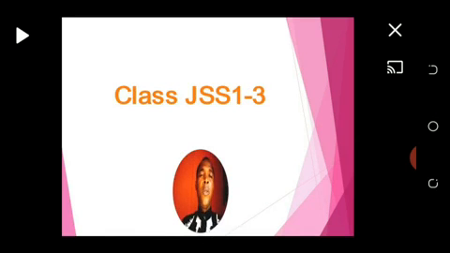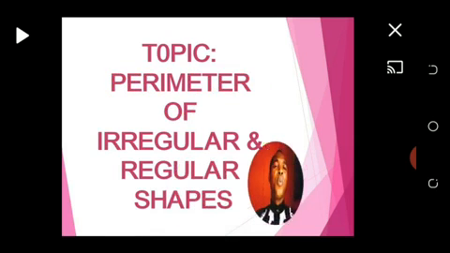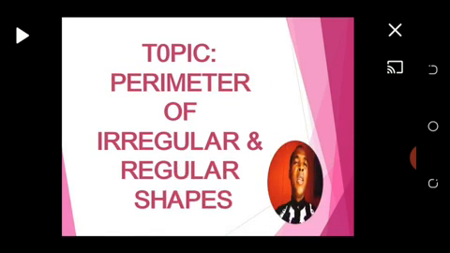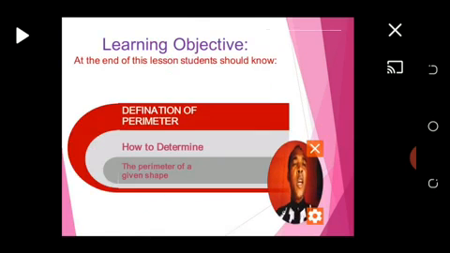The reason is the topic cuts across all. So we need to follow suit. Good. Now, this is the topic. The topic for today is the parameter of irregular and regular shape. The parameter of regular and irregular shape.